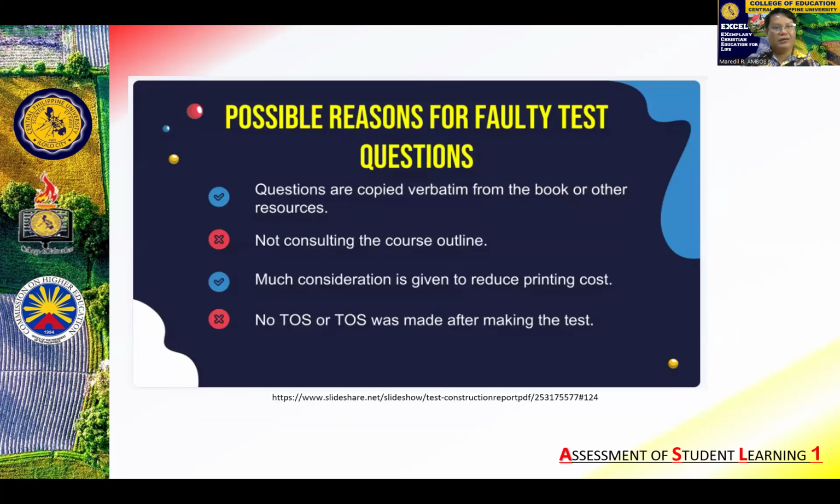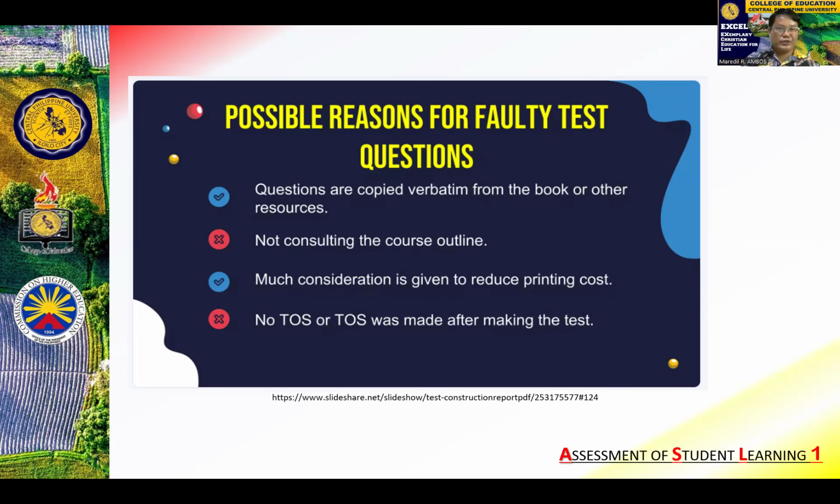Having that picture and that result of the study, here are the possible reasons for faulty test questions. The first is that questions are copied verbatim from the book or other resources. Another is not consulting the course outline.